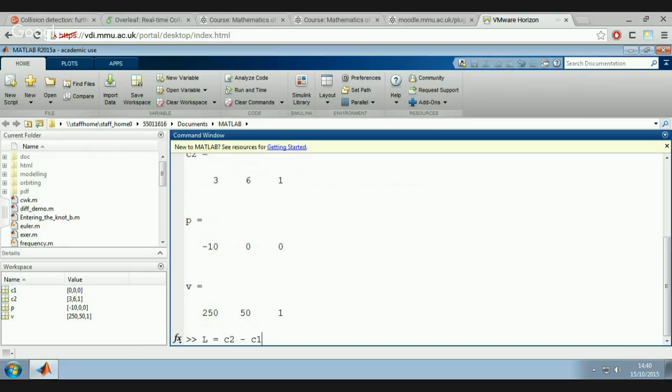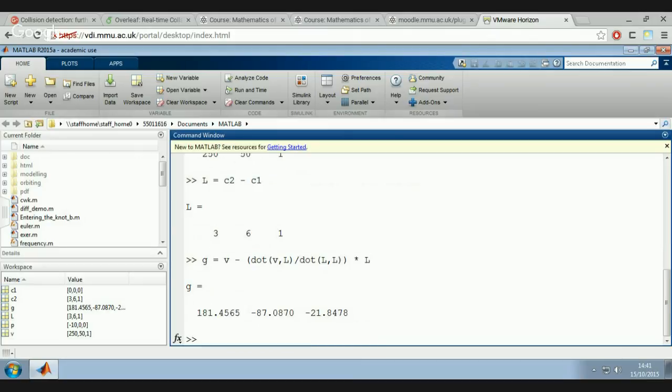I can form that easily enough. So G comes out as those values.